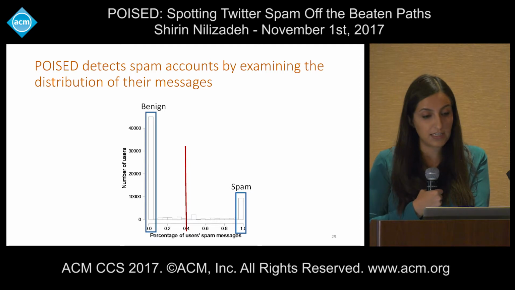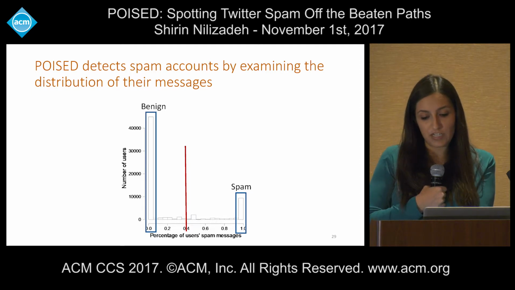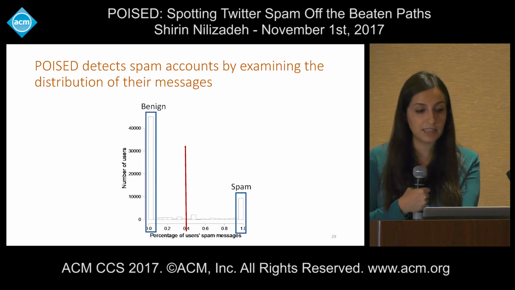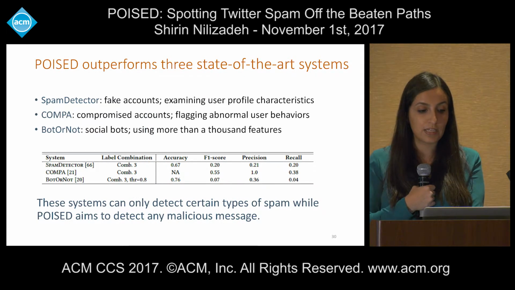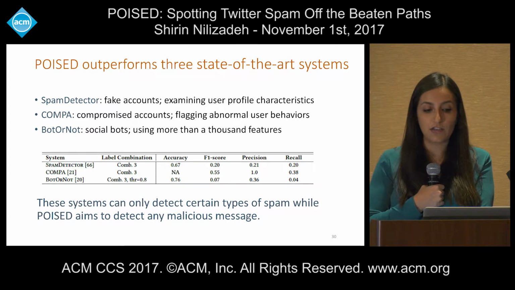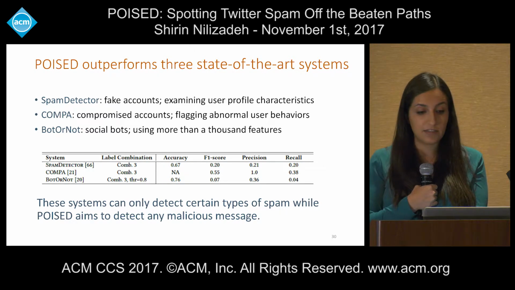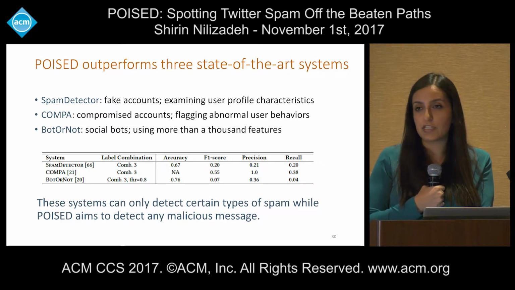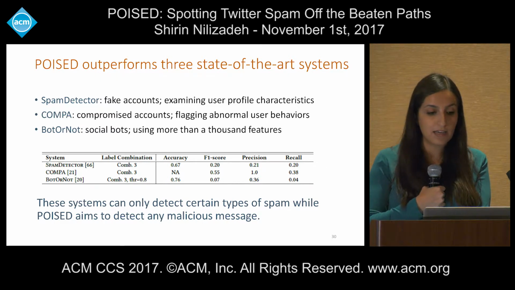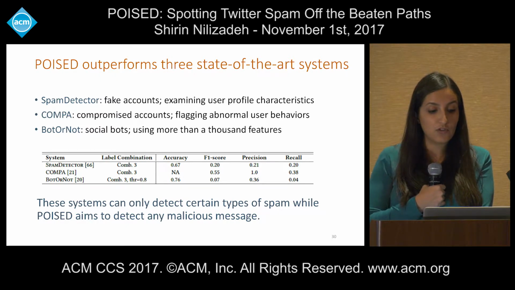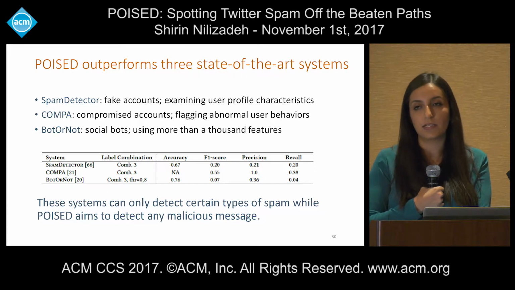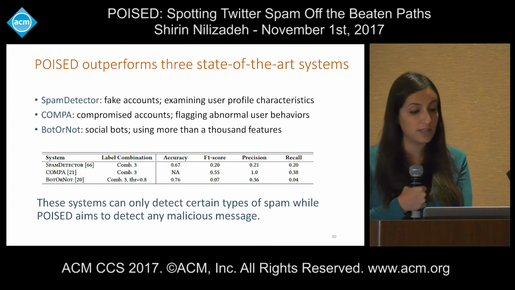And creating this data set of normal users and spammers, then we tested three different state-of-the-art systems, including a spam detector, which detects fake accounts by examining user profile characteristics, and Compa, which is the system trying to detect compromised accounts by flagging abnormal user behaviors, and the Botometer system that detects social bots using thousands of features, trying to see if they're similar to known characteristics of bots.